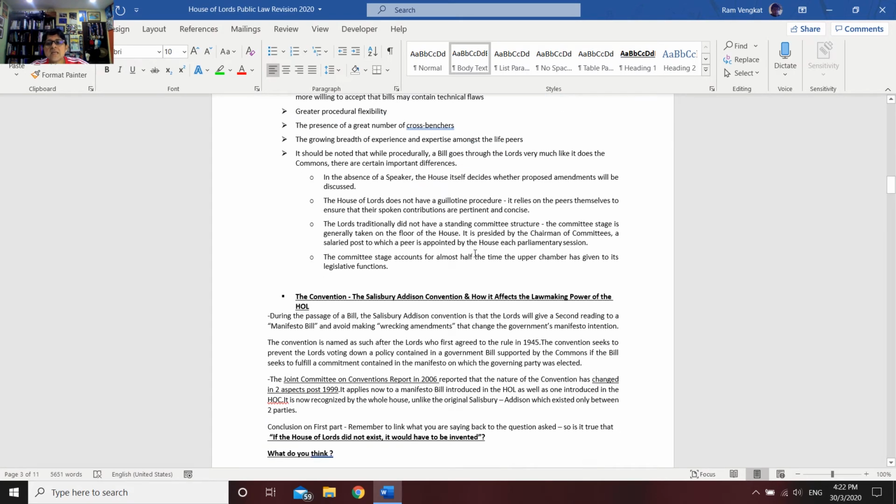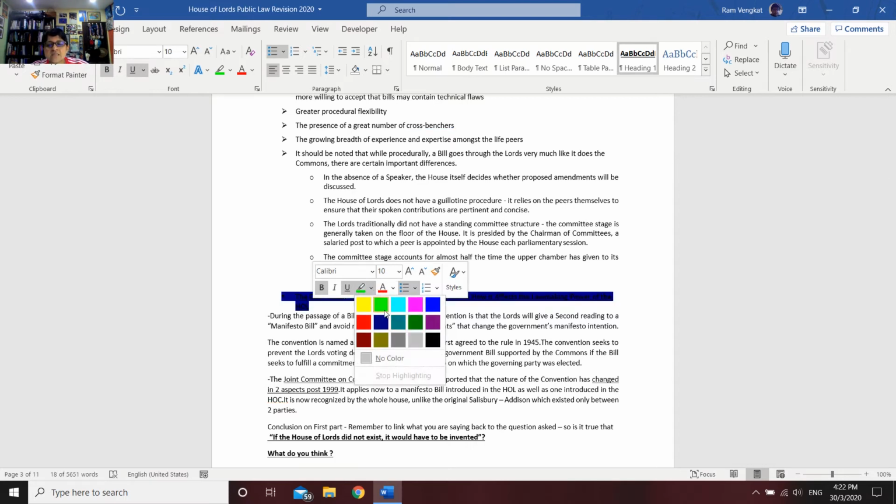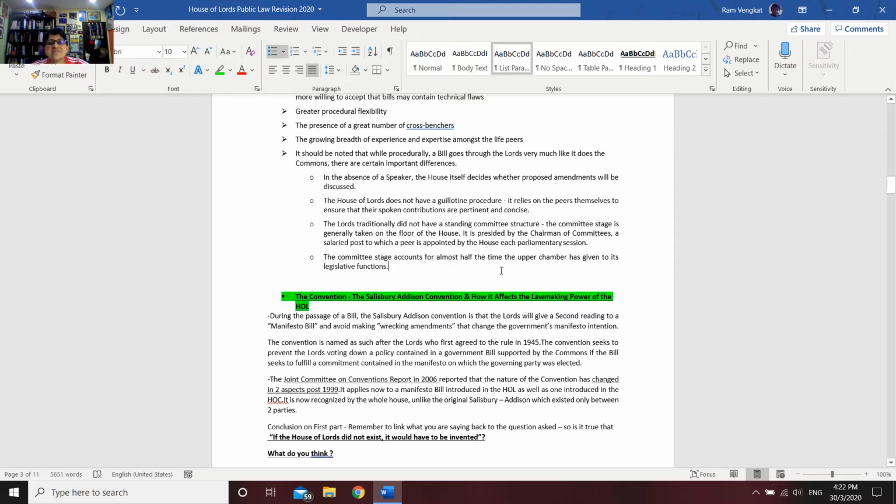Okay? And then you should also refer to the convention, the Salisbury-Addison Convention, and how it affects the lawmaking power of the House of Lords.